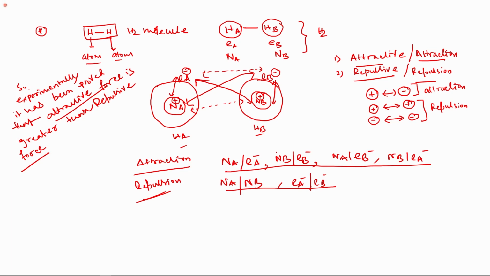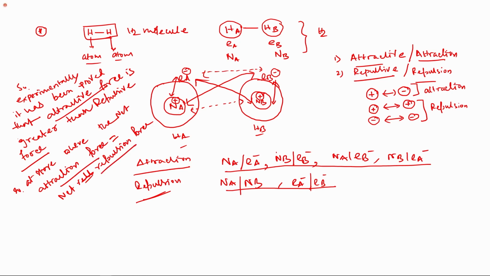That's why they come to a stage where the net force of attraction balances the force of repulsion. So at the stage where the net attraction force is equal to the net repulsion force, this force has balanced at a stage.